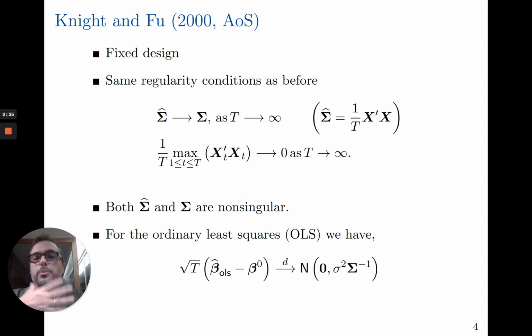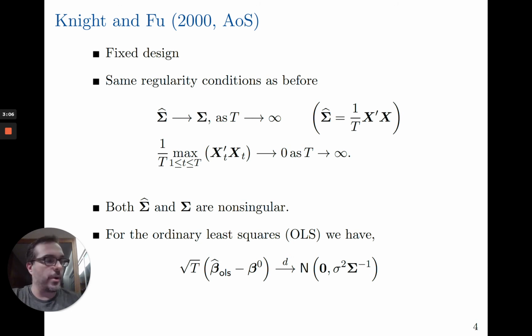Okay? And what we know is that in this setup, OLS works because we are in a low dimension, and we know the square root T times beta hat OLS minus beta naught, where beta naught is the true coefficient, converges in distribution to a Gaussian random variable with mean 0 and covariance matrix given by sigma square times big sigma inverse.